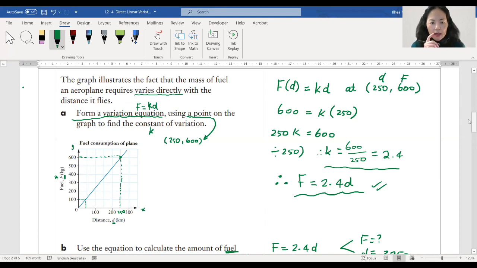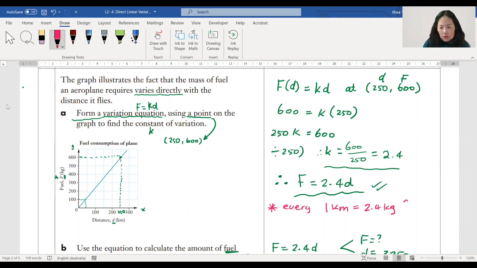I just have to get a clear idea what your question is first. So you're asking me why are we multiplying by 2.4? Yeah, if that's not 1 kilometer. The general formula is not about just 1 kilometer. It is every 1 kilometer distance, you need 2.4 kilograms of fuel. Oh, okay. That's what I was thinking. Yeah, that makes sense.